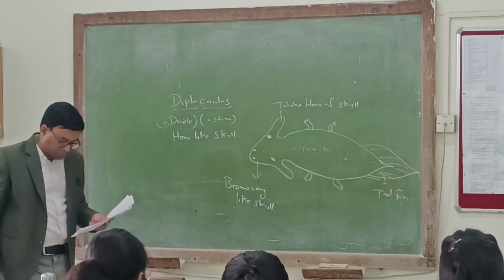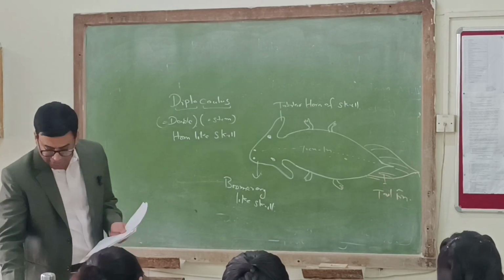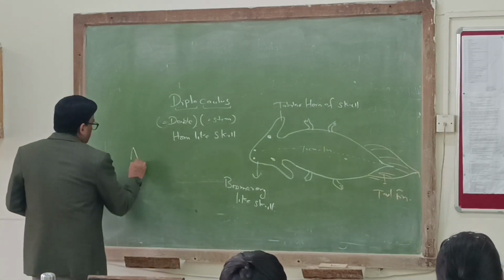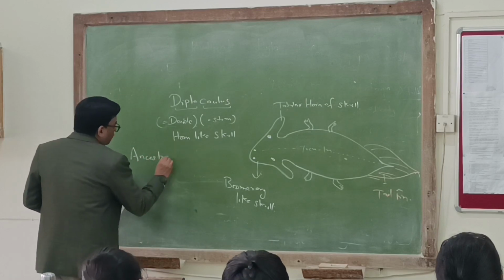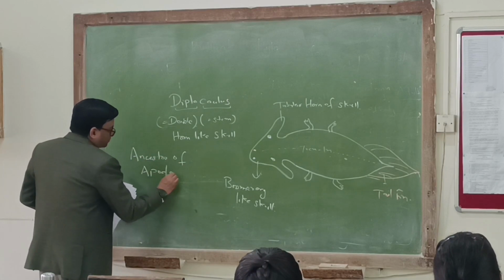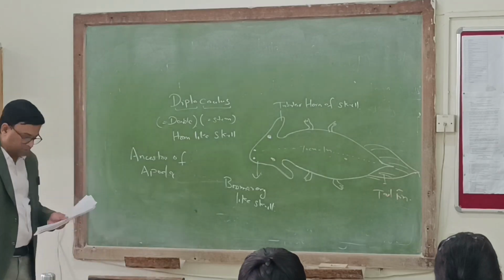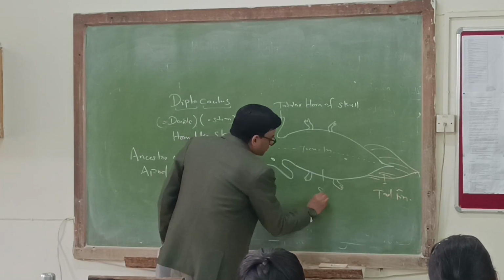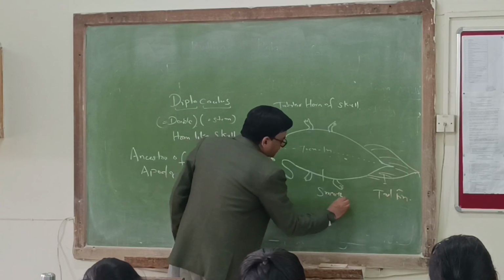And this is very, very important. Why is it important? Because this is the ancestor of what? Limbless amphibian. Ancestor of Apoda. This gives rise to Apoda. The skin is smooth.